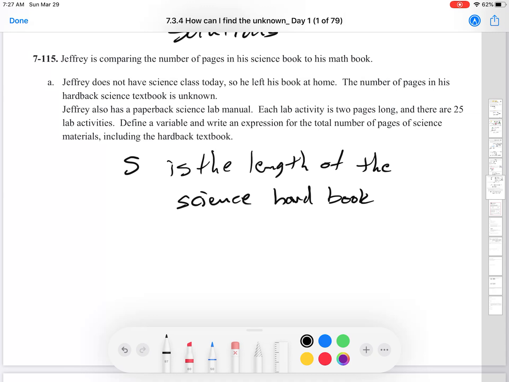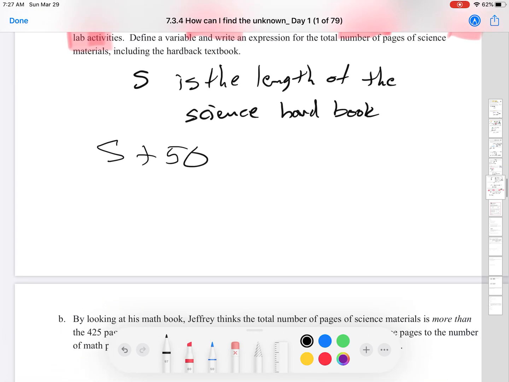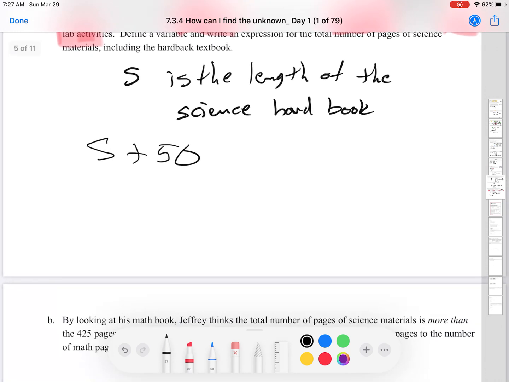And then what we could say is, since we found out that the lab manual, right, the lab manual, each lab activity is 2 pages long and there's 25 lab activities. So what we know is that this means that there's 50 pages in the lab manual, right? So we could say S plus 50. S plus 50 would be the expression that I would use for that one.